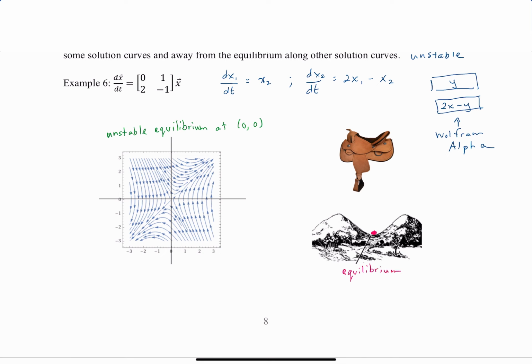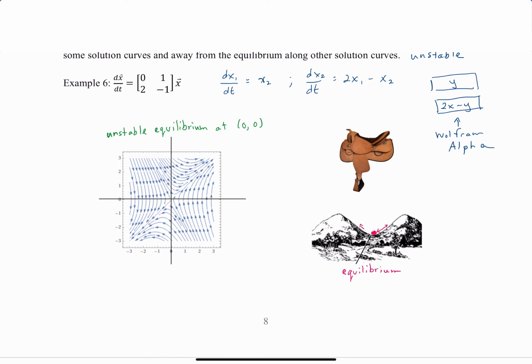But if I put a ball right there, is it going to stay there? It'll balance there for at least a moment in time. But suppose a breeze moves it a little bit. What's going to happen? Well, it depends. If it gets moved up the side of the mountain, then it's just going to come back down.